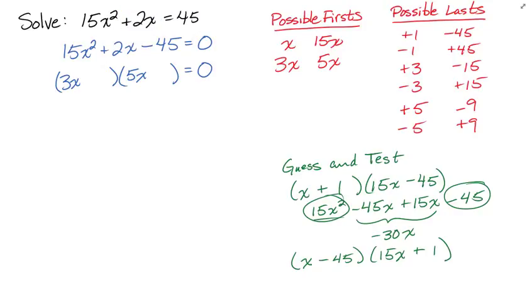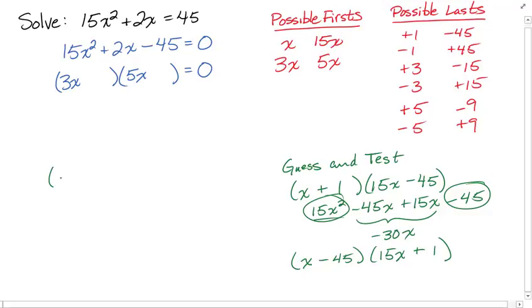Then we need to pick some possible lasts, and we could use the same argument, use a pair that is close together. So the 5 and the 9 work pretty close together. So let's try a 3x, a 5x, and let's try, say, a minus 9 and a plus 5.